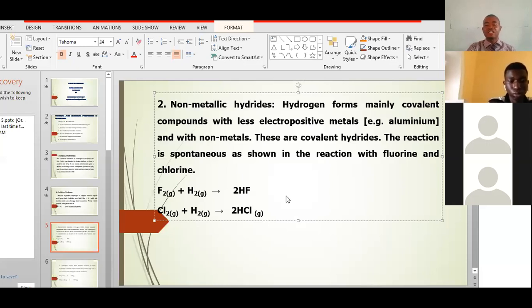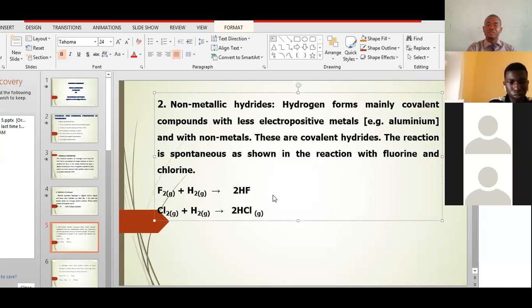The non-metallic hydrides, for example, are hydrogen fluoride, hydrogen chloride, hydrogen iodide. While examples of metallic hydride, we have lithium hydride and aluminum hydride. We also have potassium hydride as well, and sodium hydride.